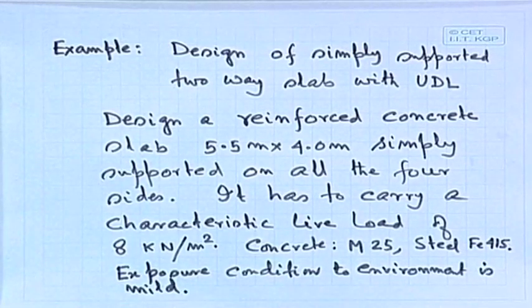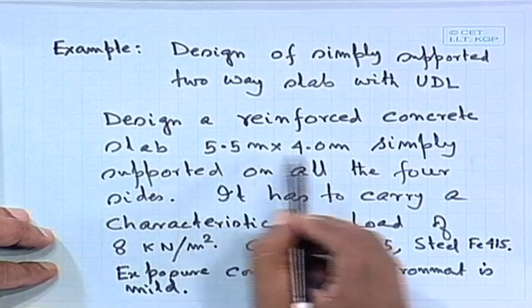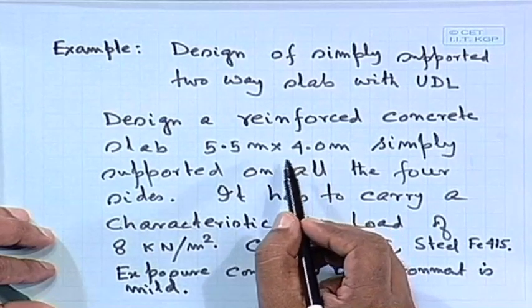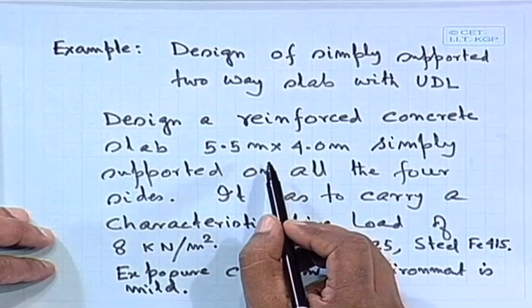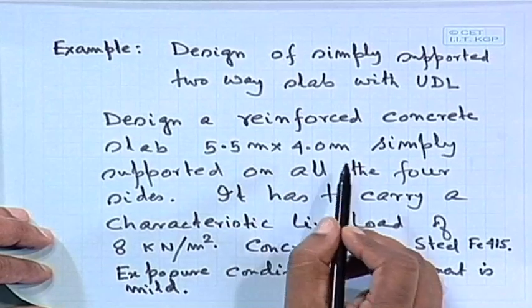So, this is the problem. So, 5.5 meter by 4 meter. So, obviously, this is a case of design of a two-way slab problem.